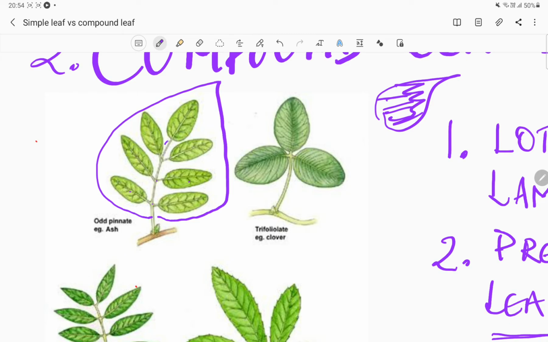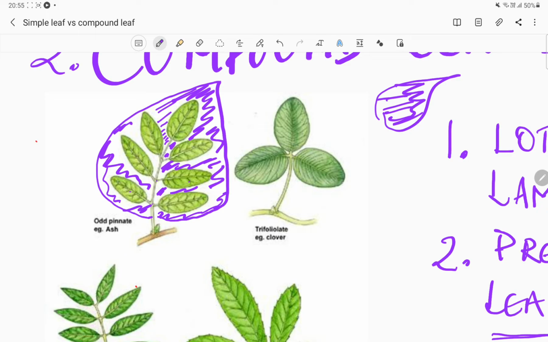So see, the parts that I'm shading now are actually missing. This lamina has gone missing and the missing lamina has made way for leaf-like structures which are called leaflets. So in this compound leaf, this is just one leaf and such a leaf is called a compound leaf. It has one bud and it has many leaflets.